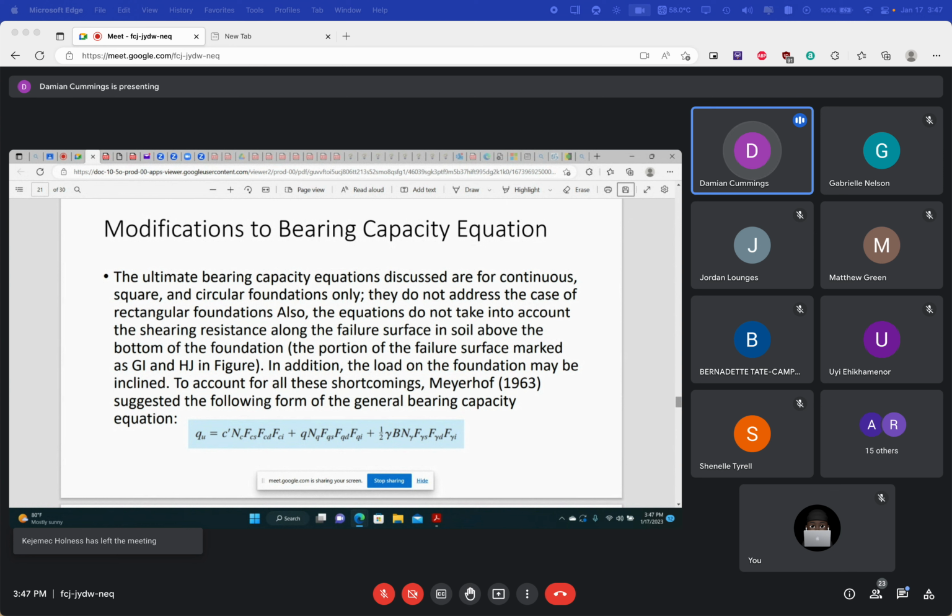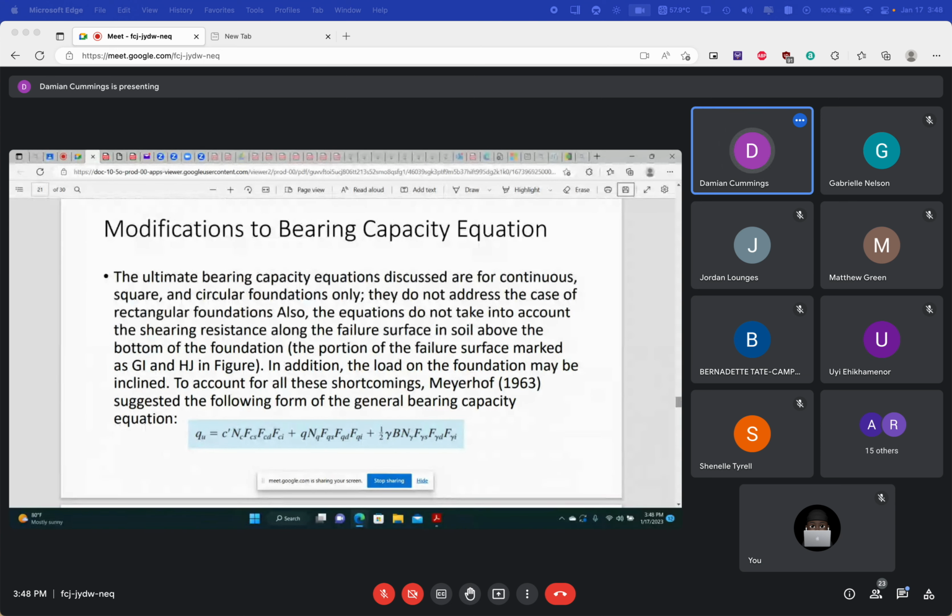All right, so we have qu is equal to c prime Nc, as we know already, times Fcs times Fcd times Fci. And these are other bearing capacity factors.